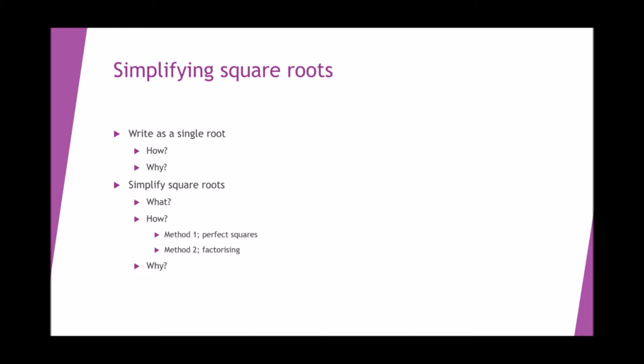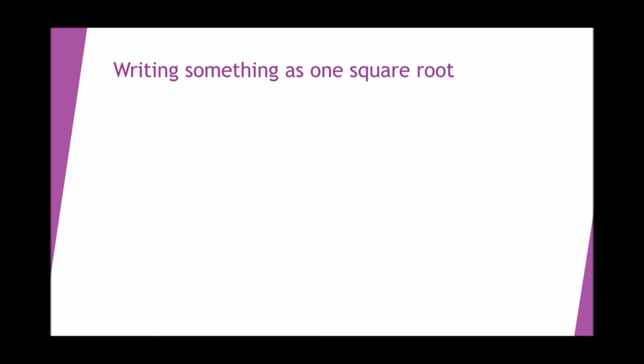Anyways, let's get started. So suppose we want to write something as one square root. What I mean by that is maybe you have 7 square root 5 and you want to have everything in the square root. How do we go about that? Well, what we are going to do is start by writing this 7, in this case, as a square root.